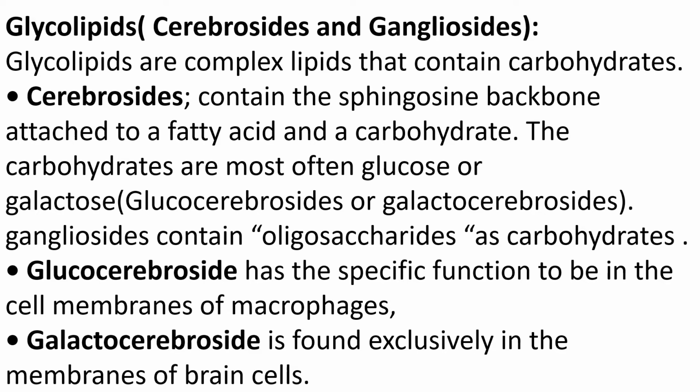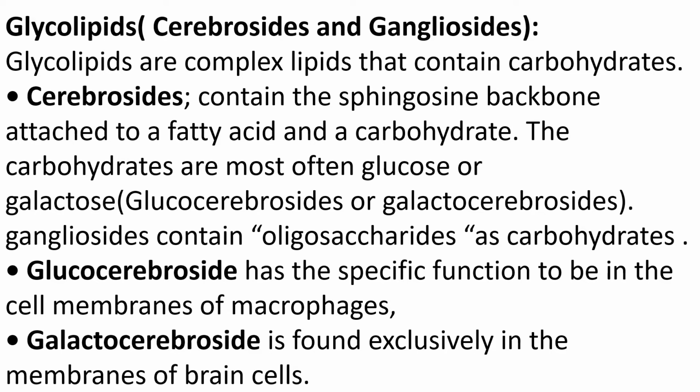Now, when a monosaccharide is attached to this structure, either glucose or galactose, it is called a cerebroside. When glucose is attached to the ceramide, it is called glucocerebroside, or when galactose is attached to this ceramide structure, it is called galactocerebroside.